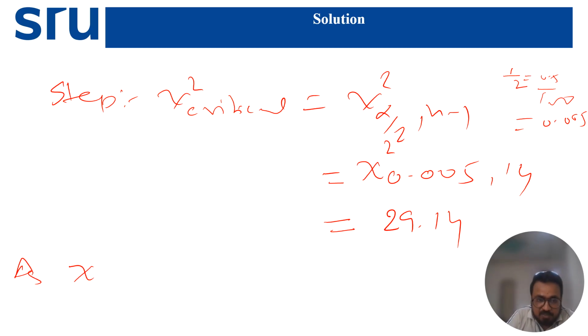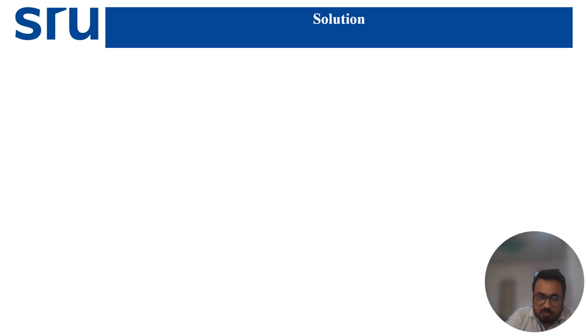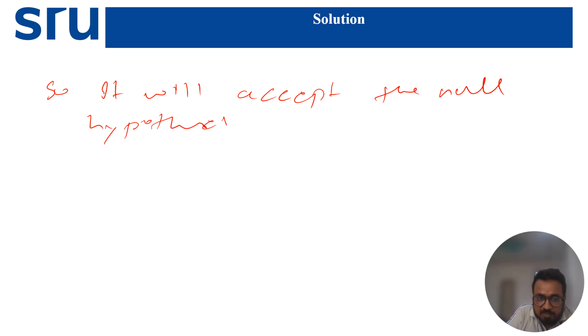So as the chi-square calculated value 24.89 is less than or equal to the chi-square critical value, we can see that the chi-square calculated value is less than or equal to the chi-square critical value. So it will accept the null hypothesis.